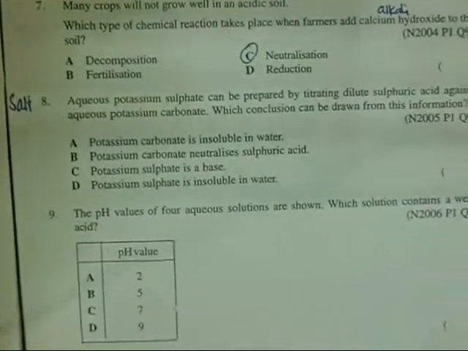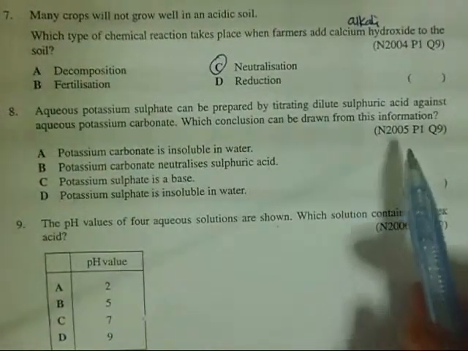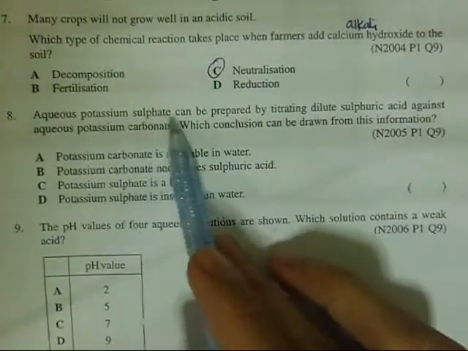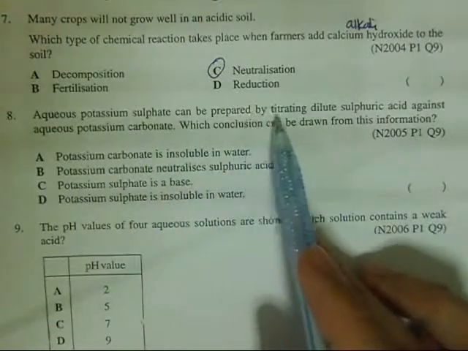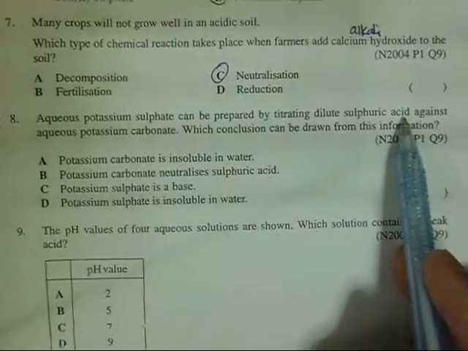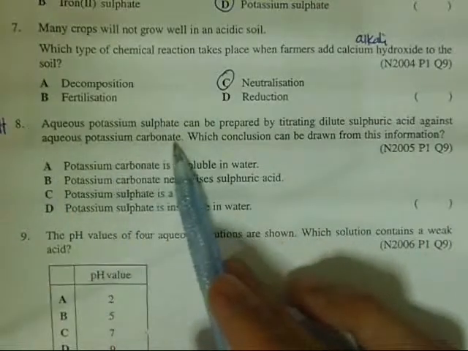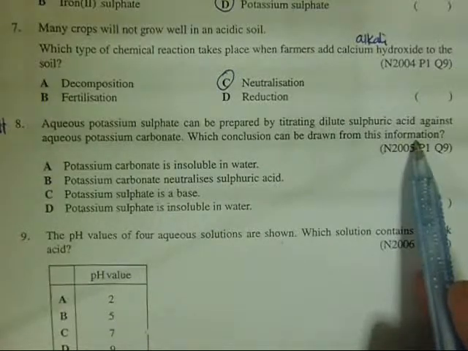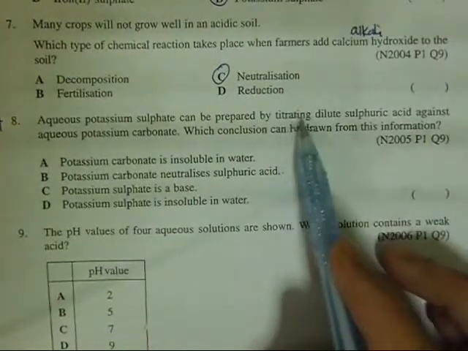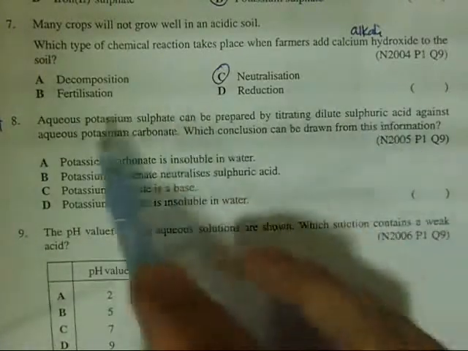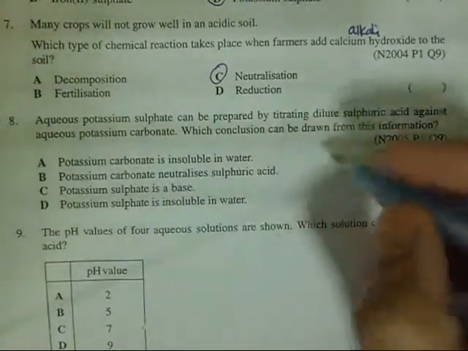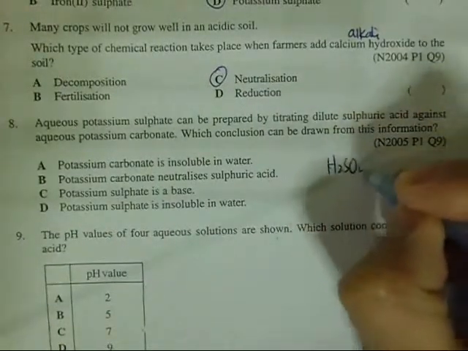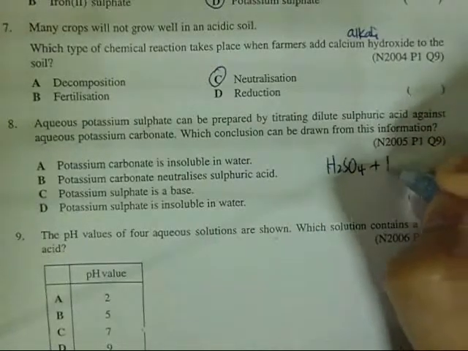Okay, then after that, question 8 is from the salt chapter. It's from 2005, paper 1, question 9. Aqueous potassium sulfate can be prepared by titrating dilute sulfuric acid against aqueous potassium carbonate. Which conclusion can be drawn from this information? So this reaction is actually H2SO4, sulfuric acid, and potassium carbonate.